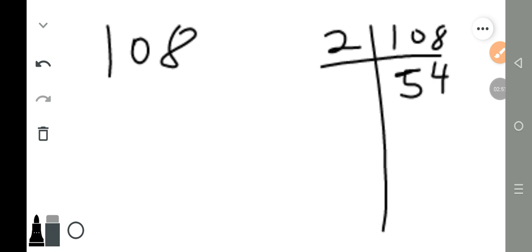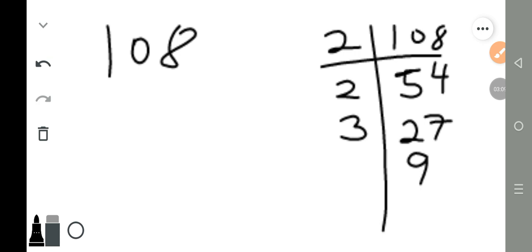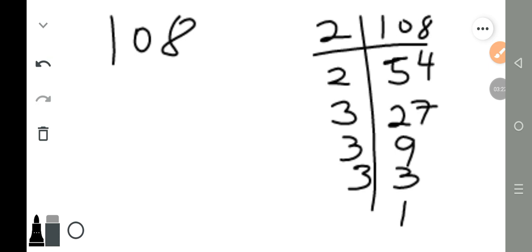Again, the smallest prime number that can divide 54 is also 2. 54 divided by 2 is 27. The smallest prime number that can divide 27 is 3. 27 divided by 3 is 9. The smallest prime number that can divide 9 is 3. 9 divided by 3 is 3. And again, the smallest prime number that can divide 3 is itself. So 3 divided by 3 is 1.